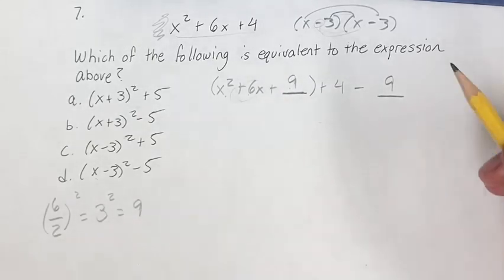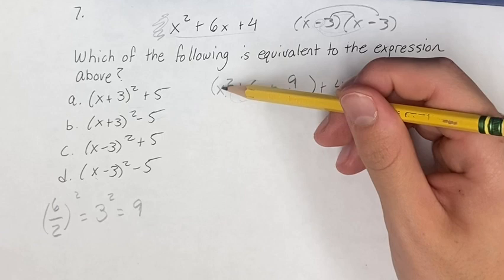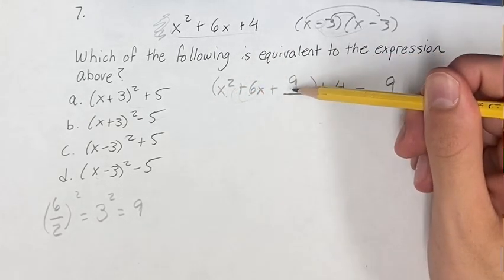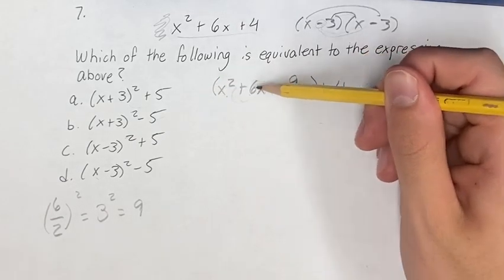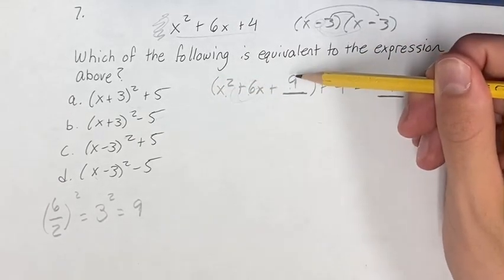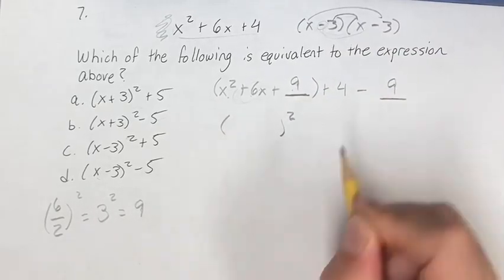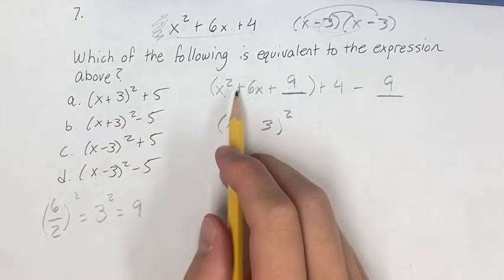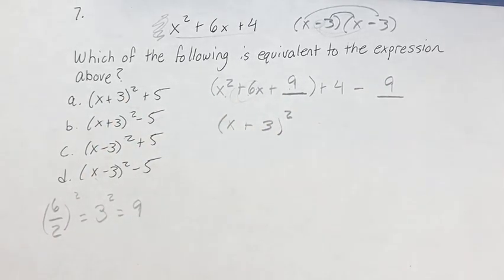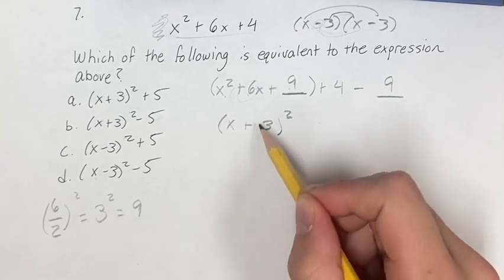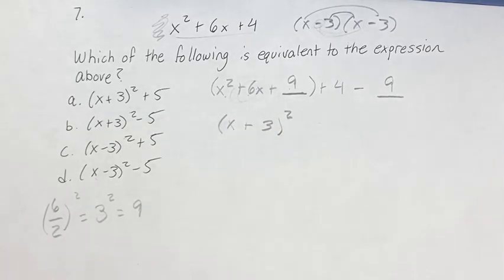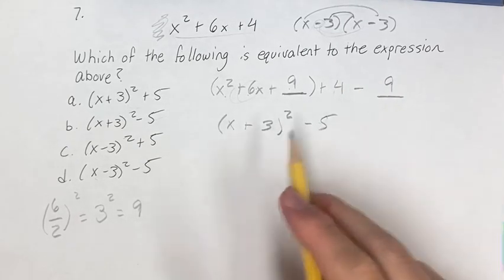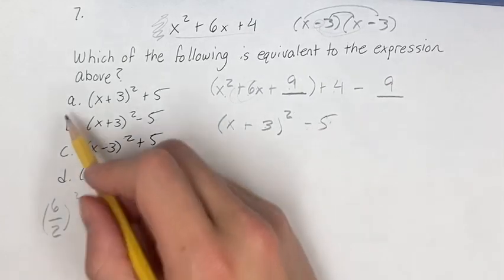So as a rule, if the x squared term, the x term, and the constant all have positive coefficients, so we have 1x squared plus positive 6x plus positive 9, that means in our squared binomial, x, and we know that 3, because it's either plus 3 or minus 3, if everything is positive here, x plus 3 has to be positive. So we have 1x, which is a positive number, plus 3, keeping everything positive. And then just simplifying the end, plus 4 minus 9 is minus 5. So our final answer is x plus 3 squared minus 5, which means B is going to be your final answer.